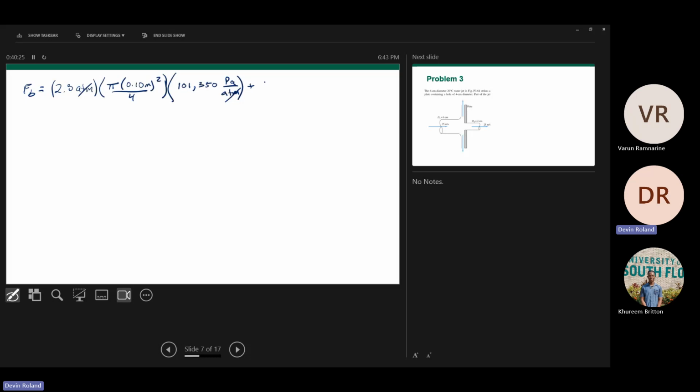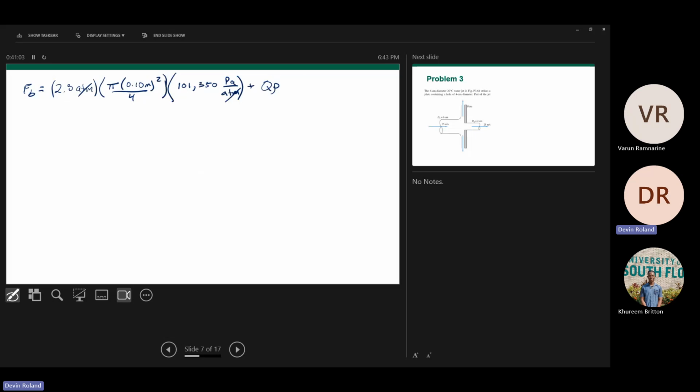And then we need our mass flow rate, so our weight flow rate divided by gravity. I'll do it this way, the way I did it before: volumetric flow rate times rho.